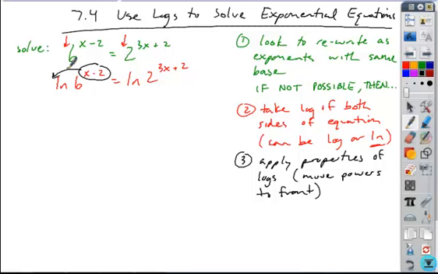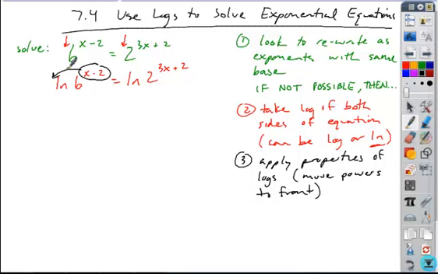Okay, so does everybody see what I did here? I just took the ln of each of these quantities. You're then going to apply the properties for logs, and namely, you're going to move the powers to the front of the expression.